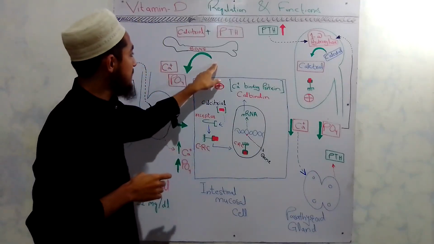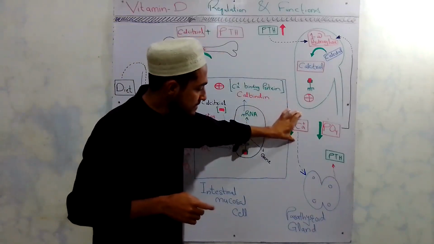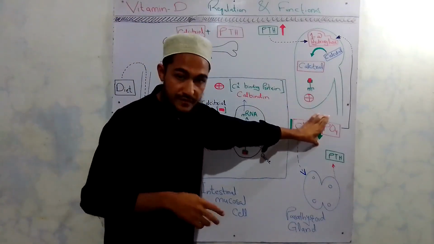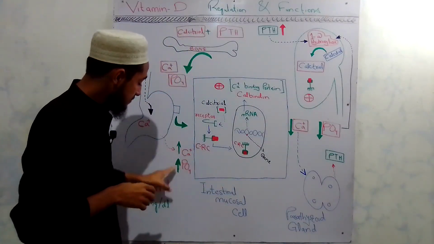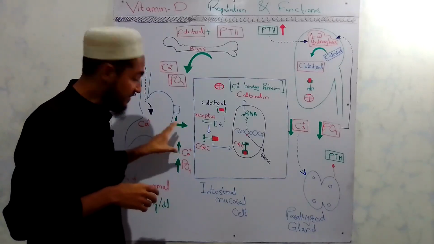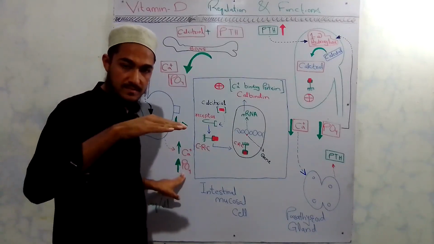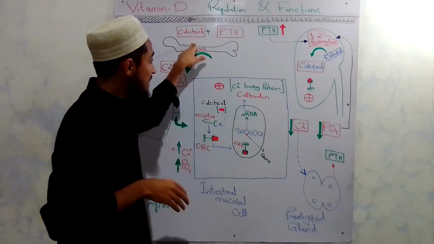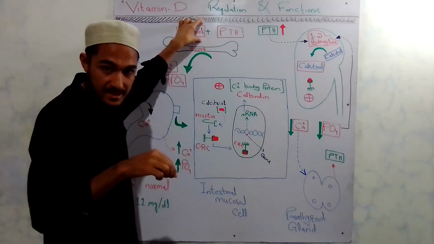So this concept should be clear: it mineralizes the bone and deposits calcium and phosphate in the bone when the calcium and phosphate levels are higher in the blood plasma. Then calcitriol will help in mineralization of the bone.